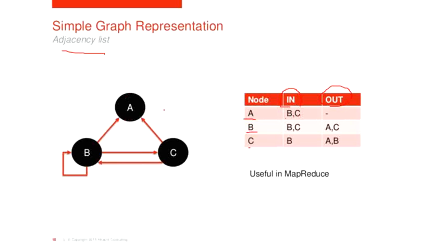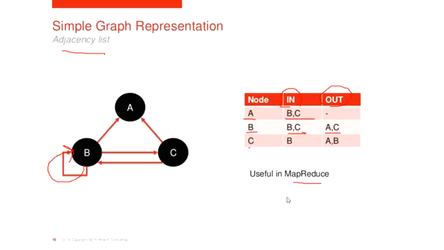A is connected to B and C. A can be reached by B and C, so we have incoming edges B and C. Since A has no outgoing edge, that's left empty. Similar for B: B has a self circle, and then B can reach C. So B and C are the incoming edges of B, and A and C are the outgoing edges. This sort of representation is usually used in MapReduce implementations.